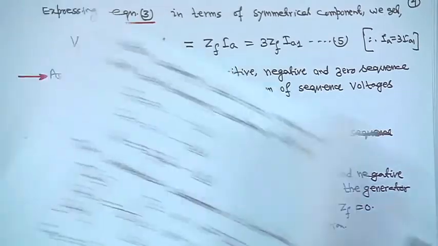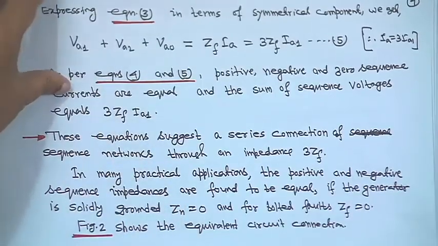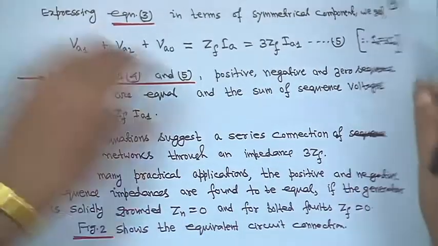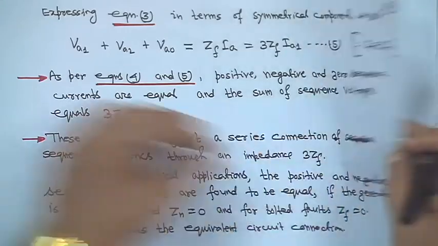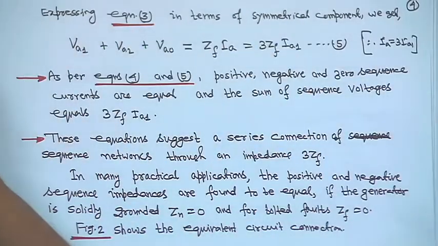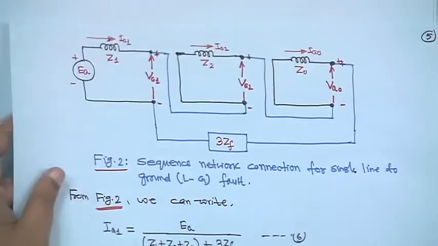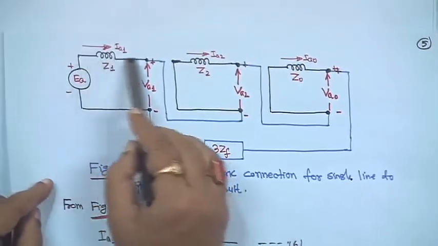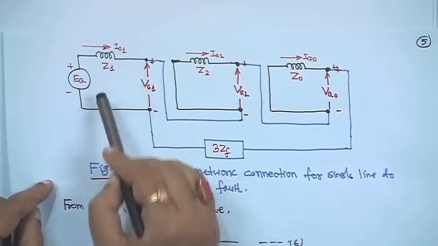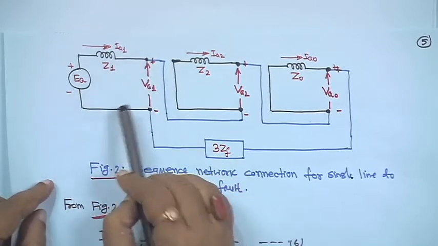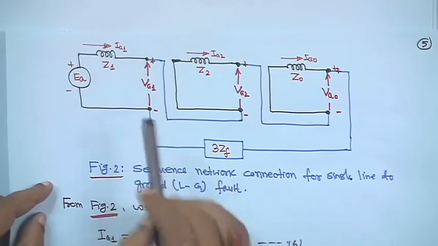So, how have we made this connection? It is a series connection. First, with the black ink, this is your positive sequence network.